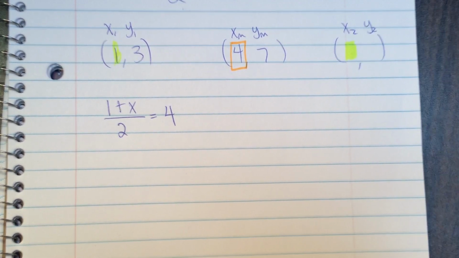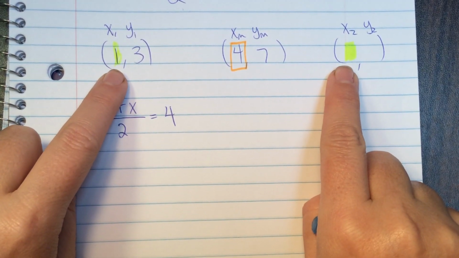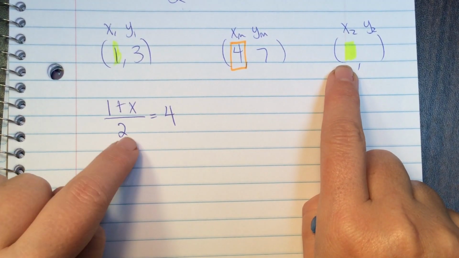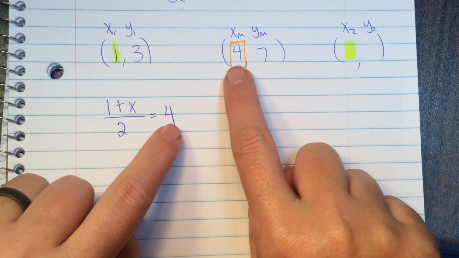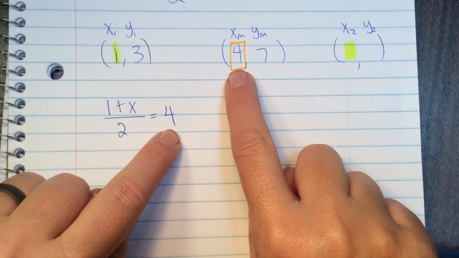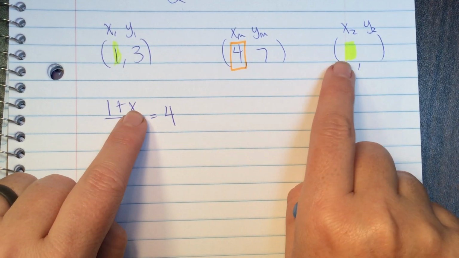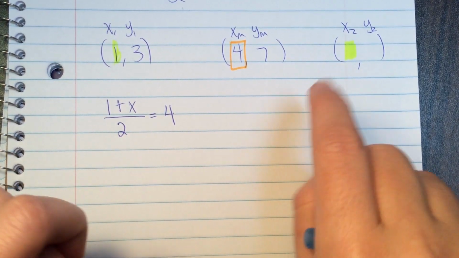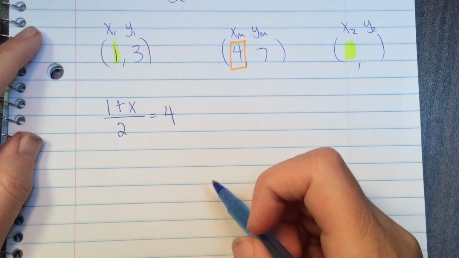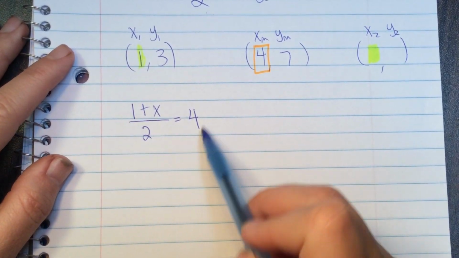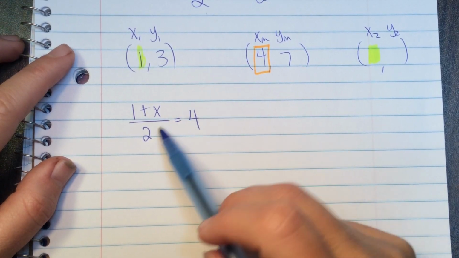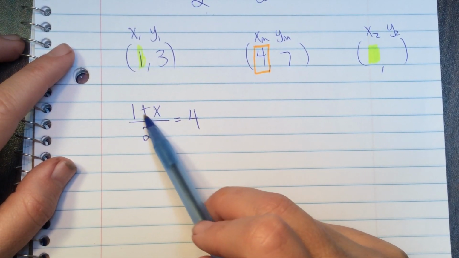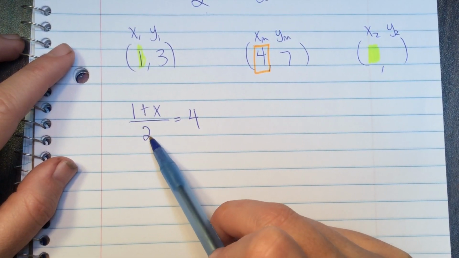So again, we're still taking the two x's and adding them together, dividing it by 2, and it's going to equal the midpoint. But now they're taking a piece out of the middle, out of our problem, and we're solving backwards. The very first thing that you have to do to solve an equation like this is to get rid of the 2. You can't do the plus yet because you have to get rid of the 2.